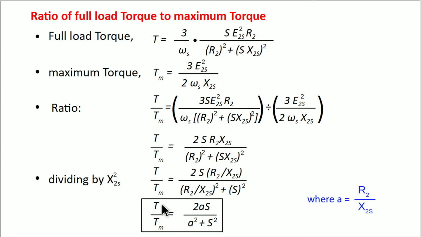That is, the ratio of full load torque to maximum torque is equal to 2As over A square plus S square, where A is the ratio of rotor resistance to standstill rotor reactance and S is the slip.